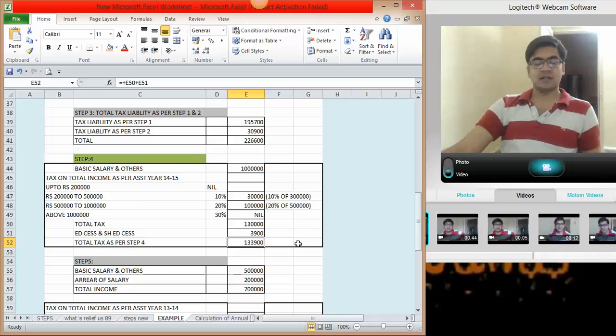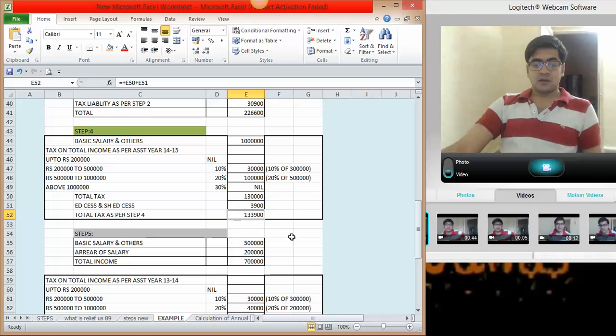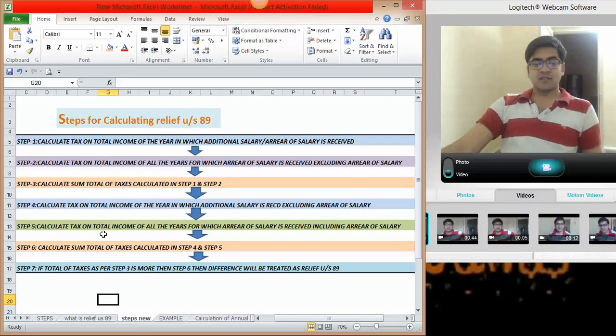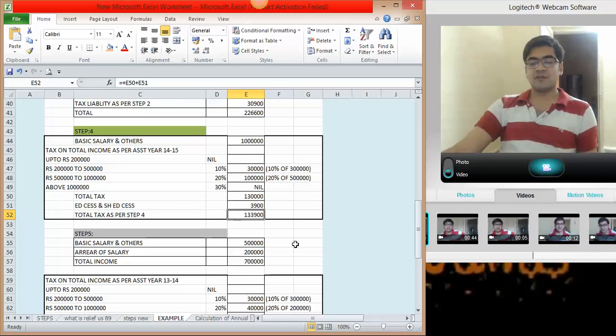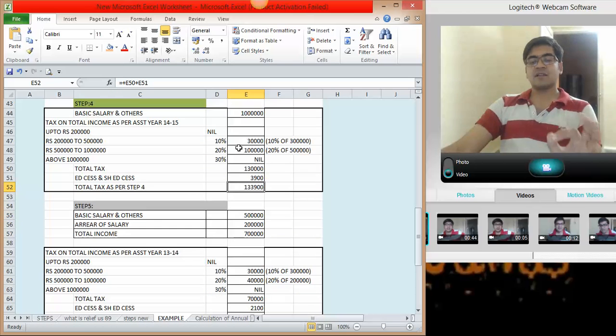and it will come around 1,33,900. Moving ahead to step 5, it is just the reverse of step 2. Just calculate tax on total income of all the years for which arrear of salary is received, but including arrear of salary. Now this arrear of salary we are adding in step 5 rather than step 4. So this is basically the difference.